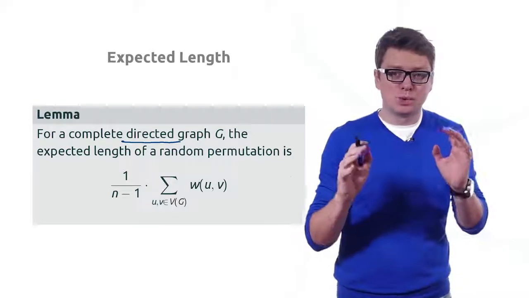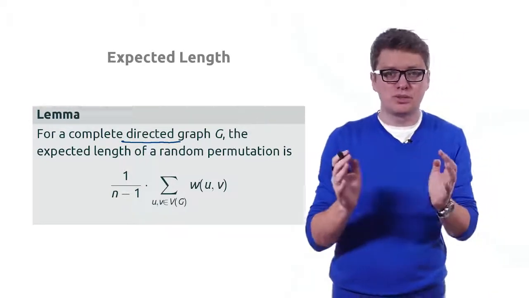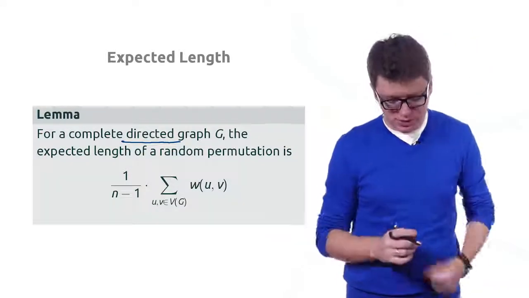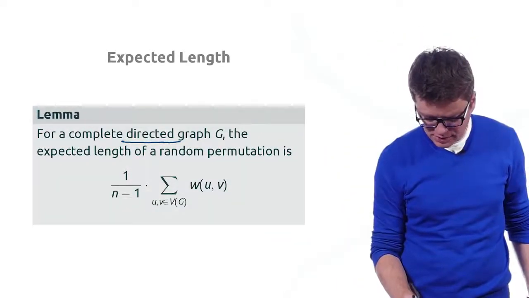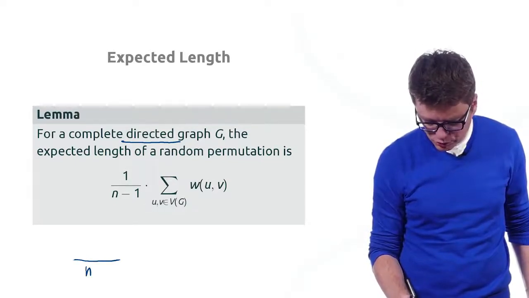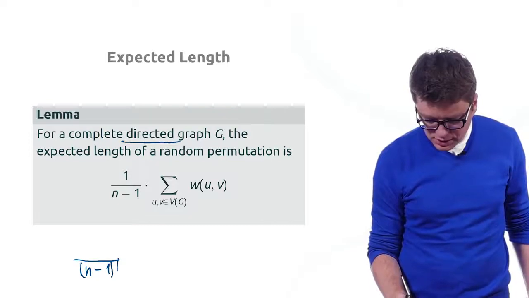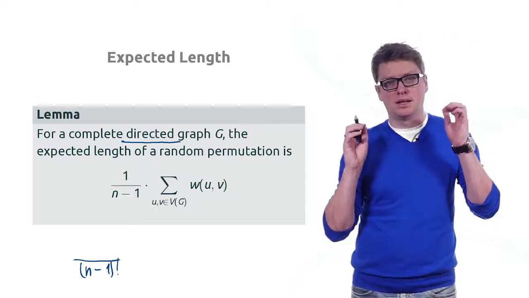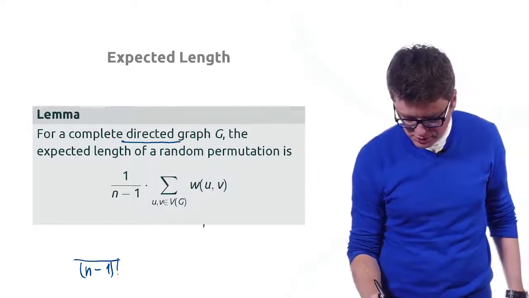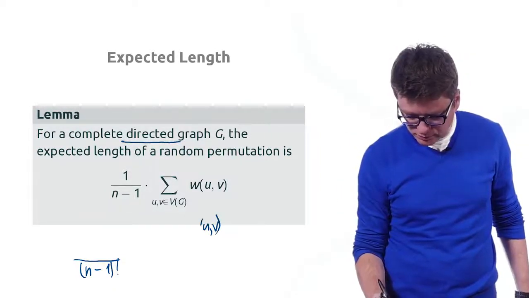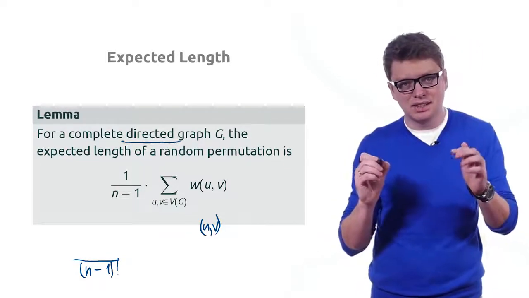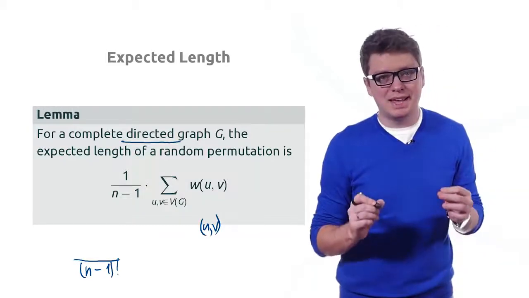Since the expectation is linear, we can compute the total weight as the sum of expectations of all the edges, which gives us the sum of all edges divided by n minus 1. If you would like a more formal proof, you can argue as follows: the total number of different cycles, as we've discussed, is n minus 1 factorial, I'm sorry. Now let's fix a particular edge, for example UV, and count the number of cycles that contain this particular edge.